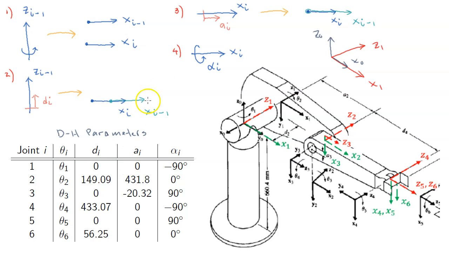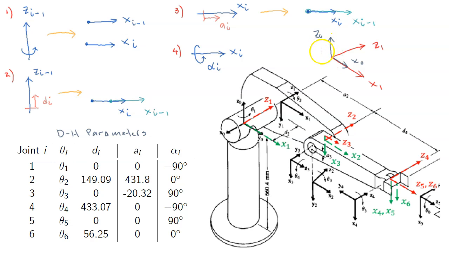And the next question, to find alpha 1, how much do I have to rotate coordinate frame 0 about X1, X i, where i is 1, such that the two coordinate frames coincide? As you can see, they are not coinciding now because Z0 is pointing upwards and Z1 is pointing this way.